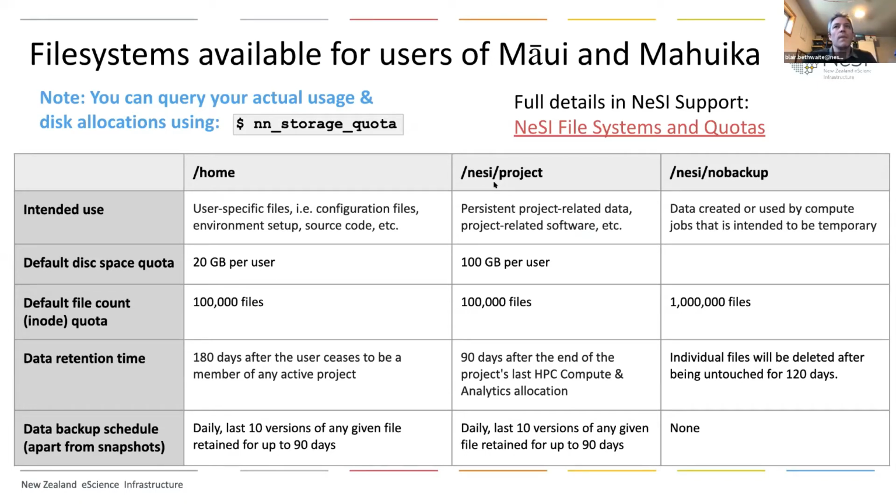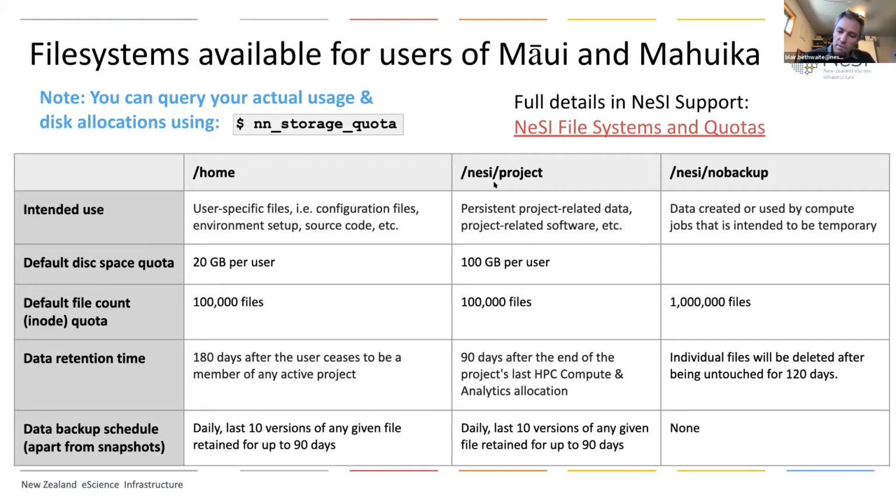The big difference is that the project file system is persistent and is intended for things like software related to your project, if you're installing and managing some of your own software, but we don't do that for you in all cases. Maybe input data for your jobs, and of course important results that you want to keep and manage there as well.